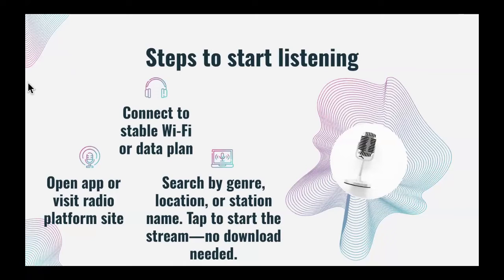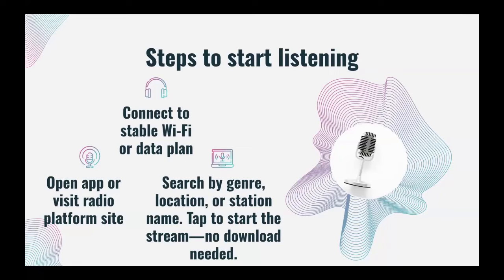So now that we've got a pretty solid foundational understanding of what internet radio actually is, we're going to walk through a few steps that you can follow to start listening. So you want to first make sure that you're connected to stable Wi-Fi or a data plan because, as the name suggests, it requires internet in order to use.